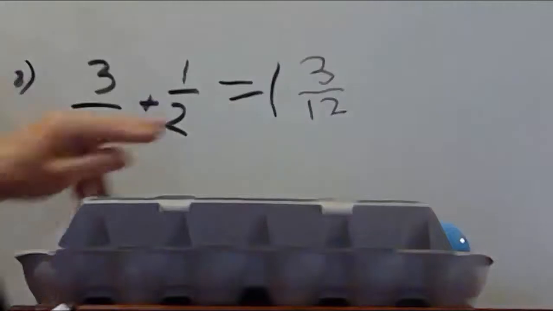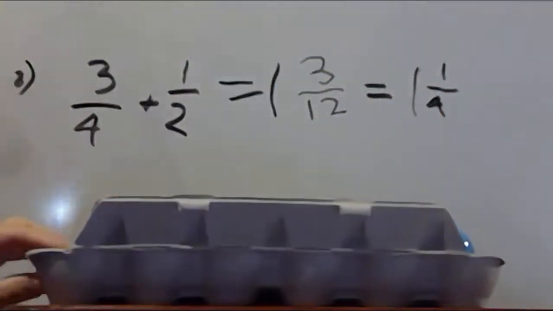And then I can reduce 3/12, and that is equal to 1, because 3 goes into 3 1 time, and 3 goes into 12 4 times, and that gives me 1/4.